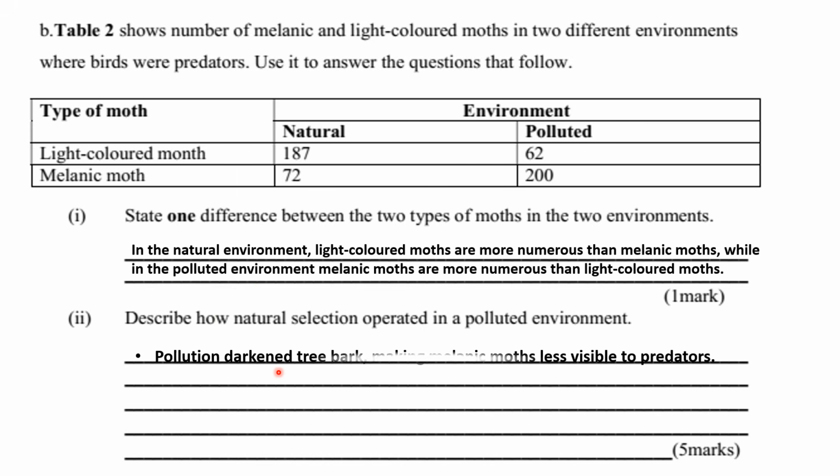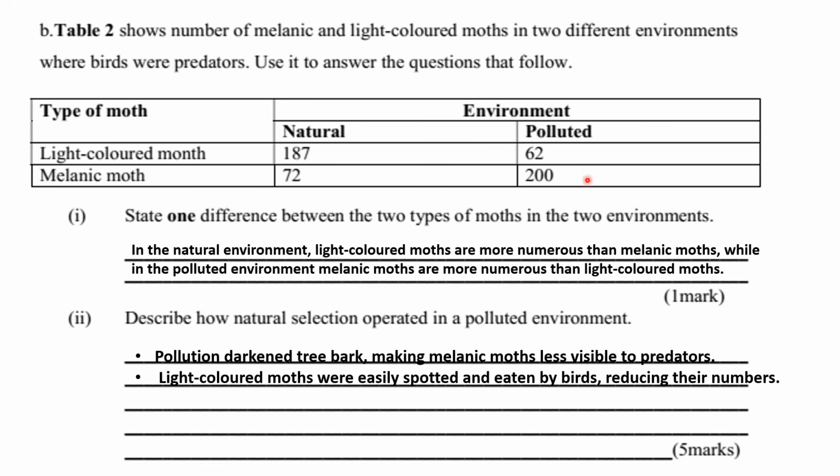All right, so pollution darkened tree barks in the polluted environment, making melanic moths less visible to predators. In other words, the melanic moths mimicked the color of the tree barks to look like them. In the process, they were hidden from their predators.